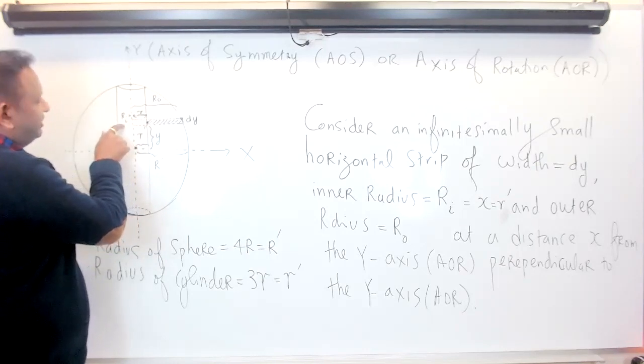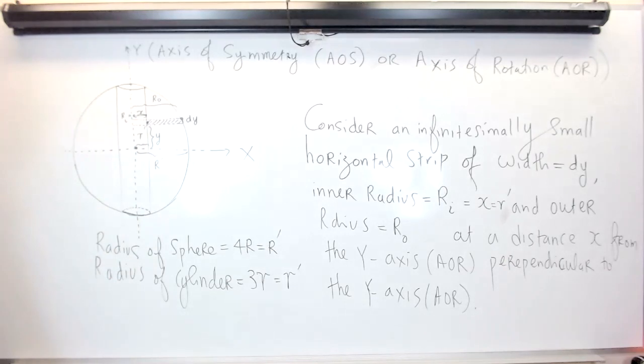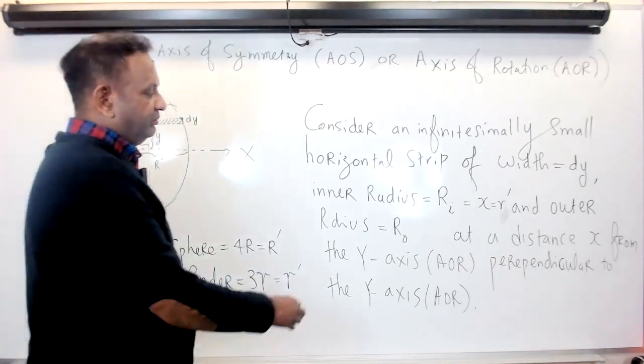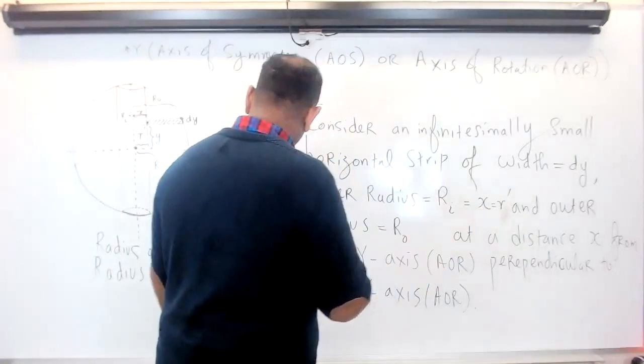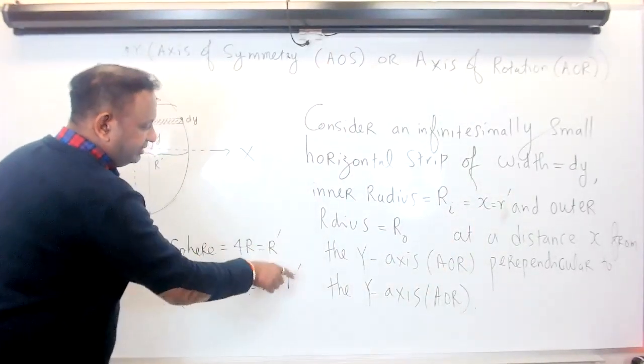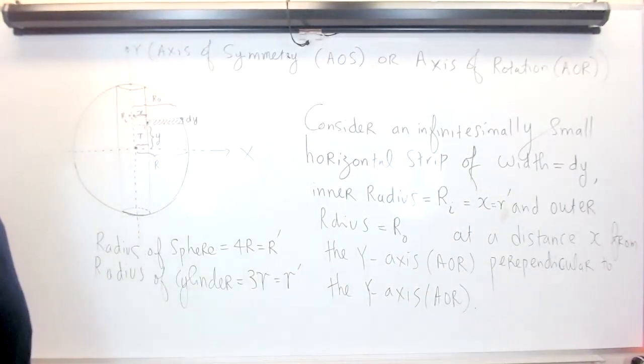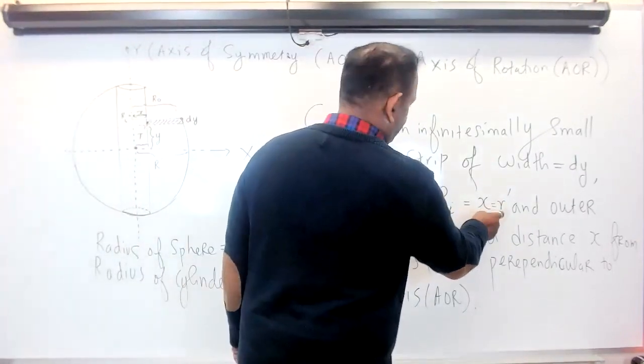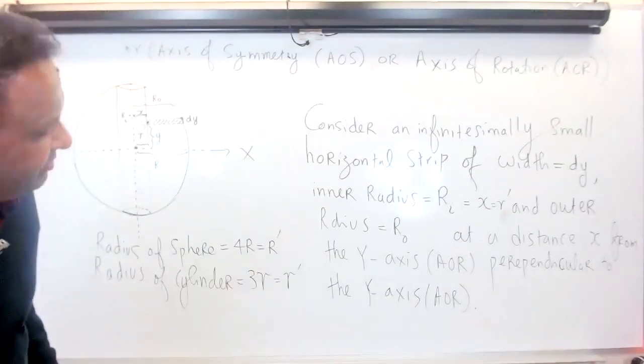It's just a label, okay. Then the r naught, we don't know. R naught we have to find out in terms of what's being given. But the inner radius has been given in terms of something being given, okay.